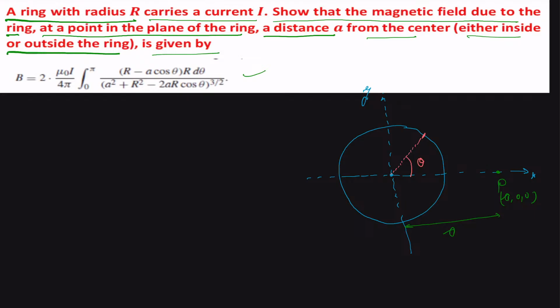Let us call this point A, and this is our O, and let us call this OA as our r prime theta. So basically we can say that this point A is going to move around the circle, so we can say this theta is going to vary from 0 to 2 pi.